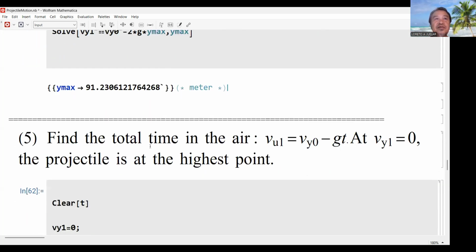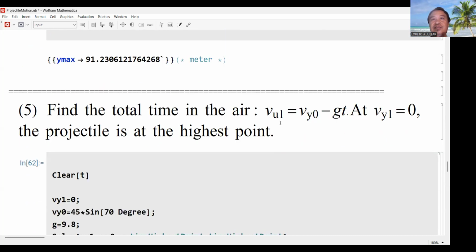So the next question is: find the total time in the air, no? So the y component of the final velocity is given by this equation. At the highest point, the y component of the final velocity is equal to 0.